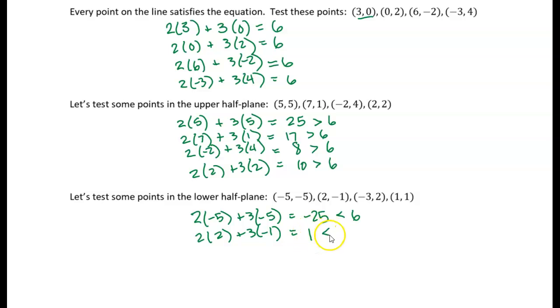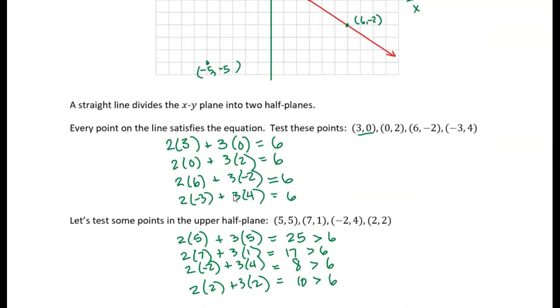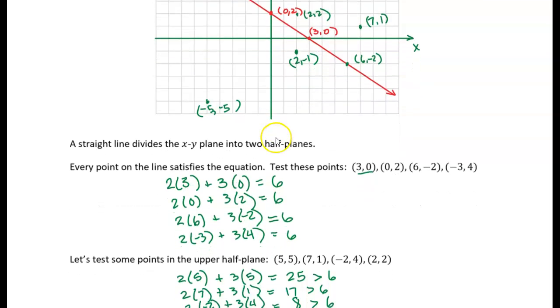It gives me 1, which is again less than 6. Okay, so let me graph that point. 2, negative 1 is right here. So now you can see we're testing points in this lower half plane.